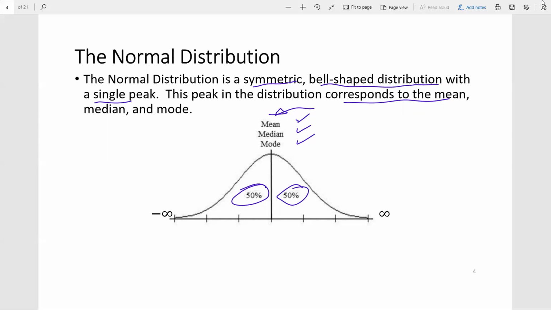I want to also point out that the normal distribution theoretically goes from minus infinity to plus infinity, although since the area under the curve out here is going to be very, very small, the probability of anything being there is very small.